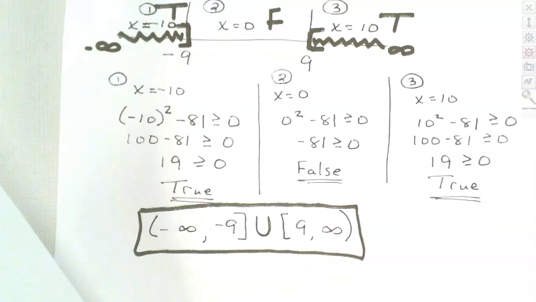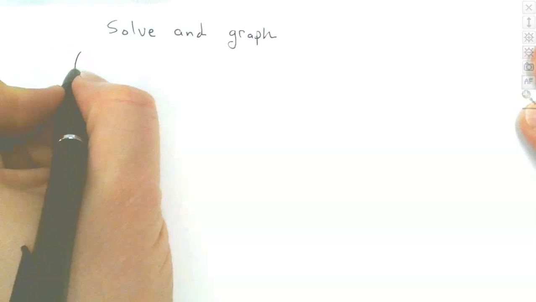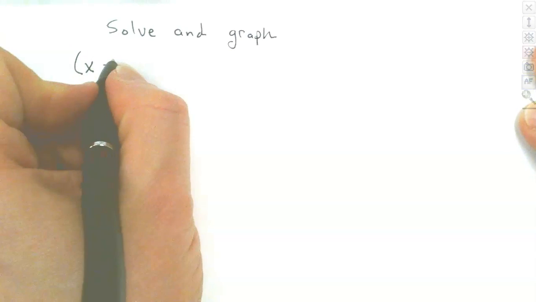Let's try one now that has 3 critical points. So again, we're going to try and solve and graph this one.